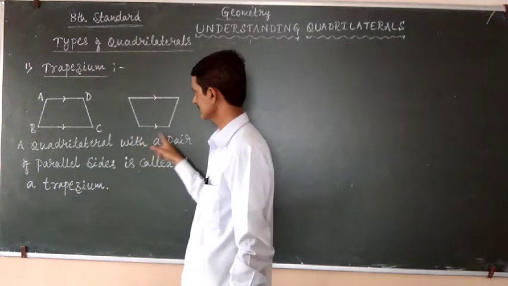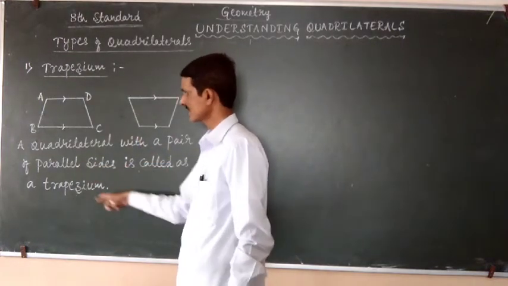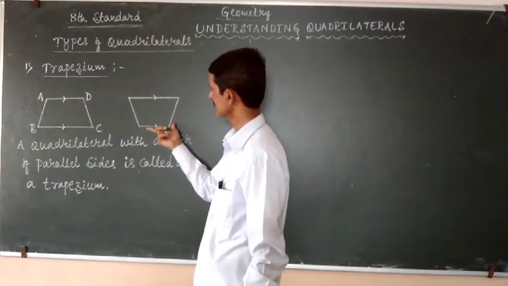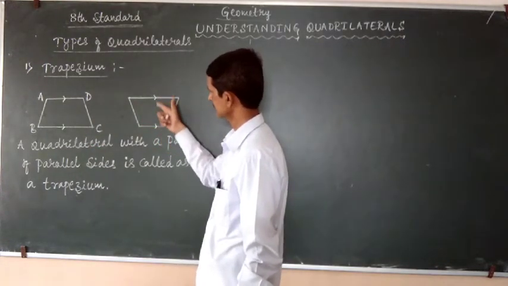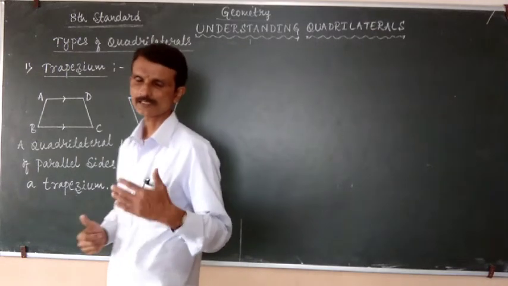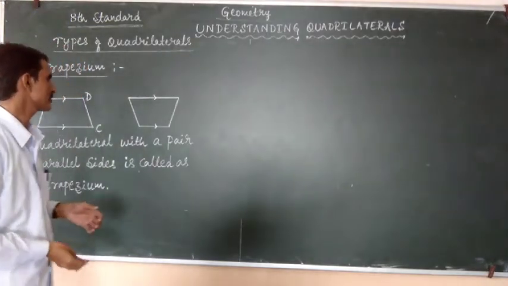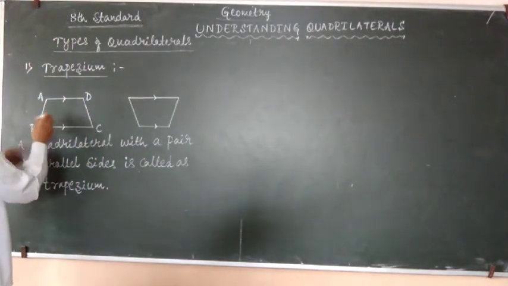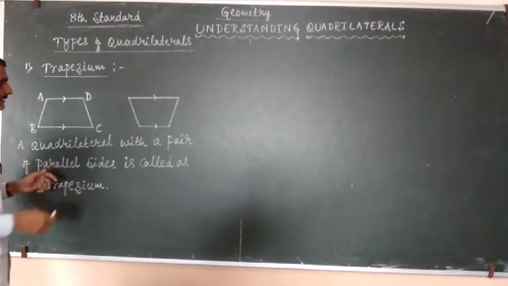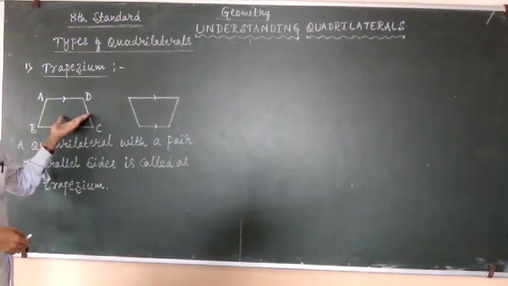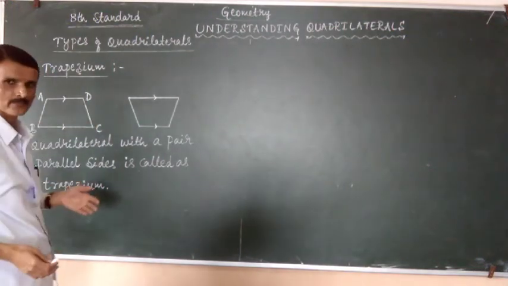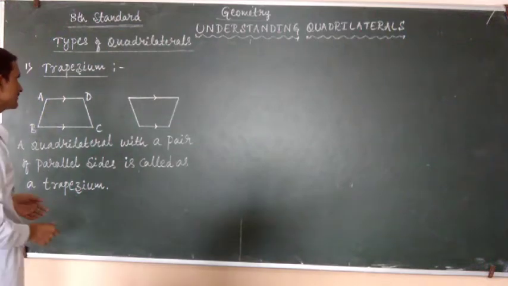In this figure also, you will see that one pair is parallel. The other two sides are not parallel. If we extend these sides, they will meet at a point.